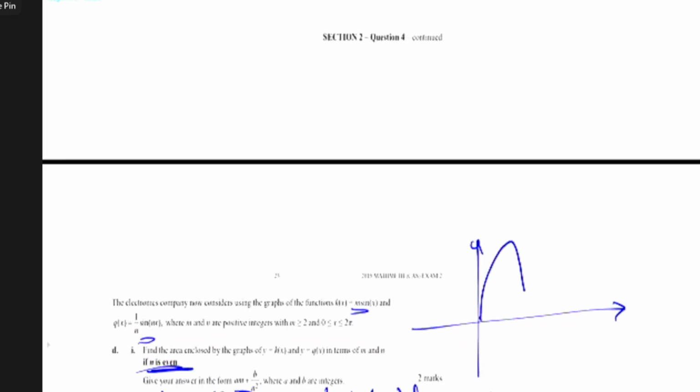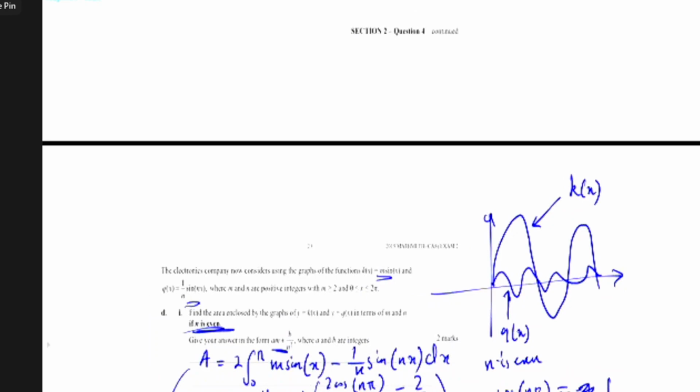So I could say this would be q of x and this would be k of x. You get that? Yeah?